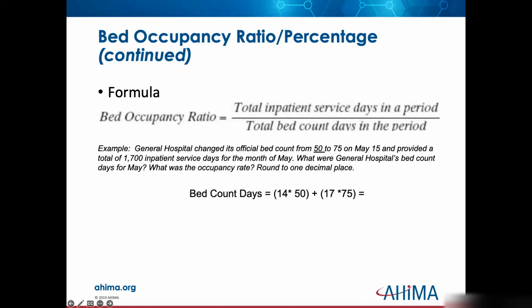Bed count, you have 14 times 50. Keep in mind, it changed from 50 to 75 on May 15th. So from days 1 through 14, right? It's 50. And then the rest of the month, it changed to 75.